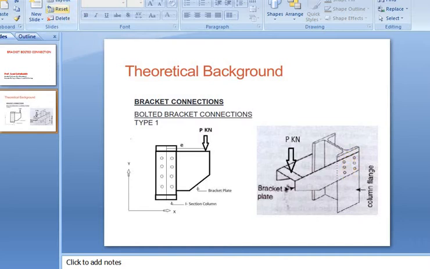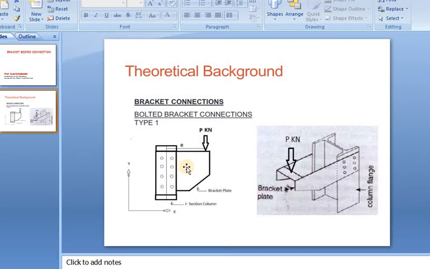Here we are passing a line from this point to the point at which the load is applied, and this eccentric distance has to be calculated, because it will result in the moment. We find this distance after dividing the bolts into two parts, as it has been divided here. So P into E is nothing but the moment.